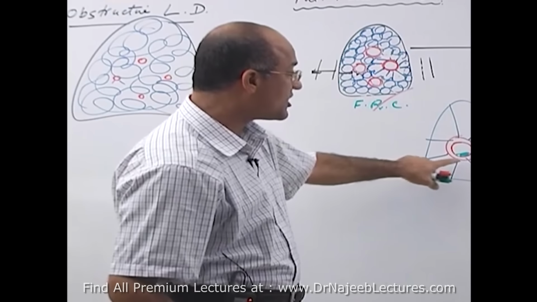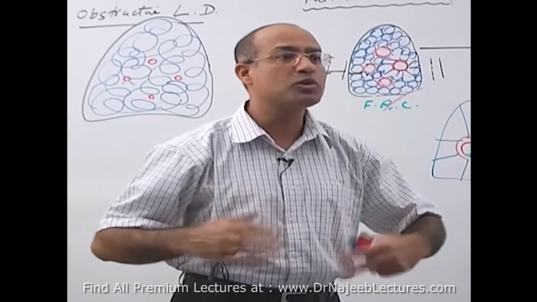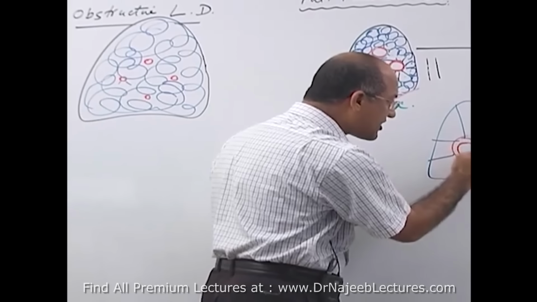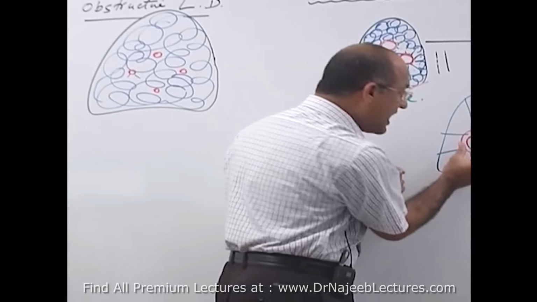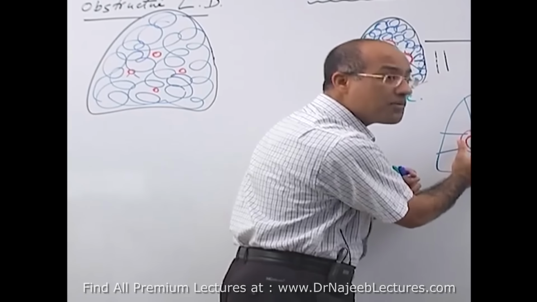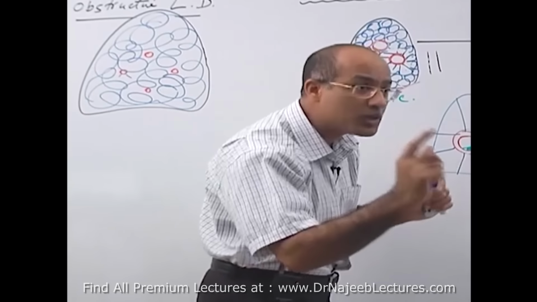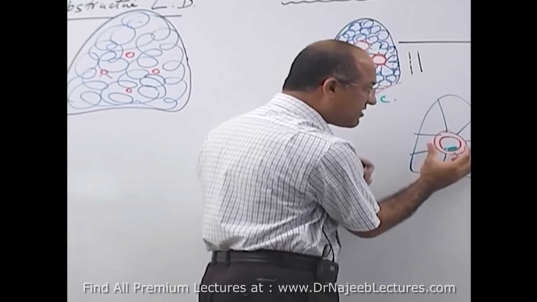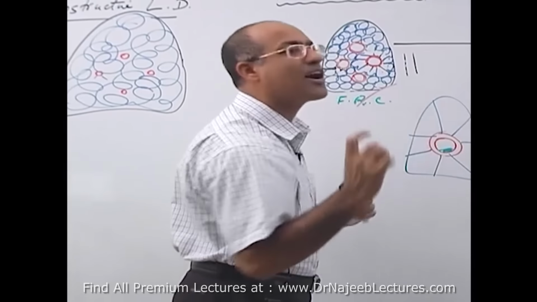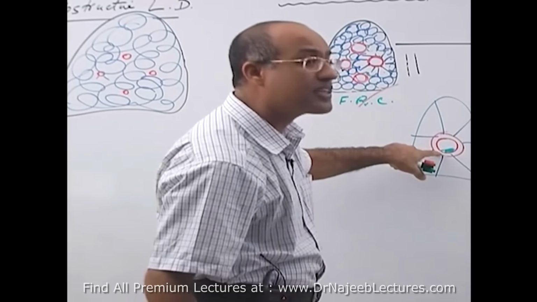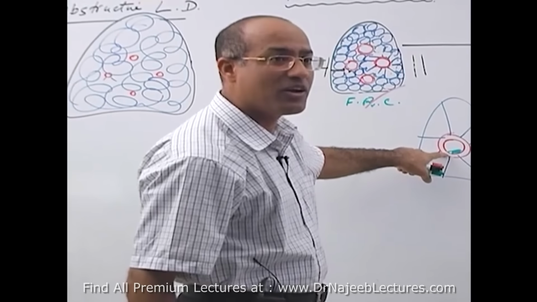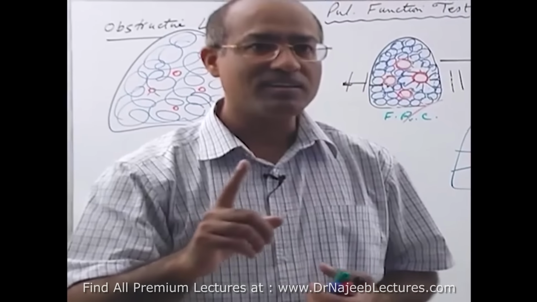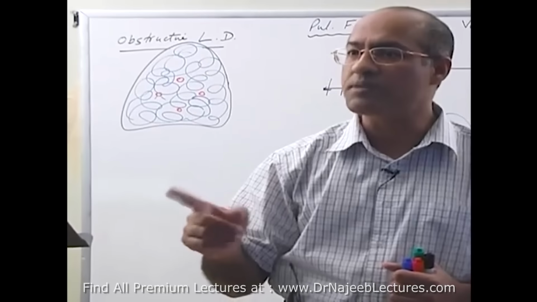But the same person who has some degree of obstruction, when he is doing expiration and when lungs start getting smaller, traction on this is very less, and even in a normal, healthy person, during expiration, there is less pull on the airways. Normally the airway becomes a little narrow, but if there is already pathological obstruction, of course narrowness will be exaggerated. Am I clear? If I have to repeat it 1000 times, I will.